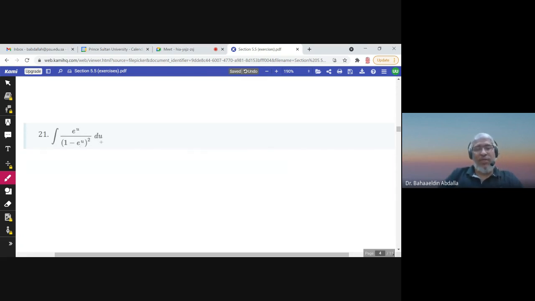Now I will take u to be 1 minus e to the power u, because the derivative of u, or du, well, it is u, so I will call it w. He called it u, so I will call it w. So dw would be, the derivative of 1 is 0, negative e to the power u du.